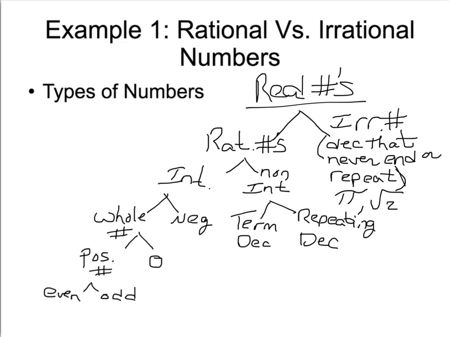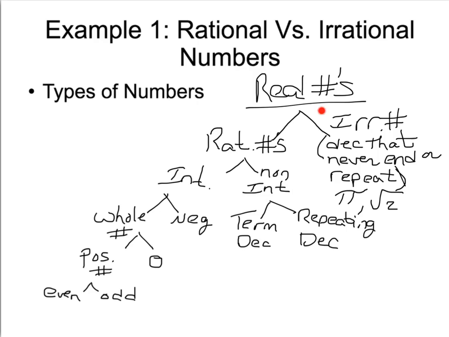So for instance, if I said let's classify 4, you start at the bottom. 4 is even. Because it's even, we know it's a positive number. Because it's a positive number, we know it's a whole number. Because it's a whole number, we know it's an integer. Because it's an integer, we know it's rational.